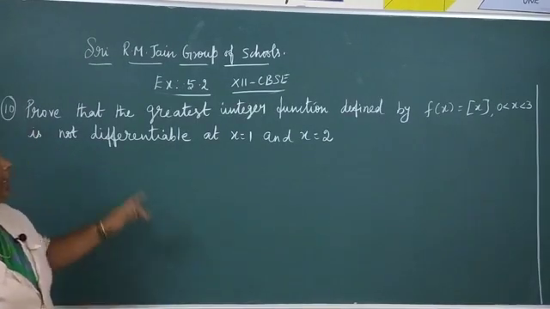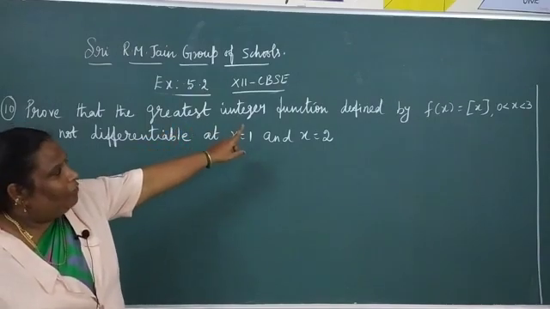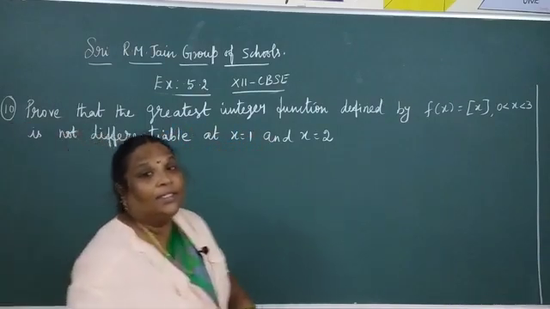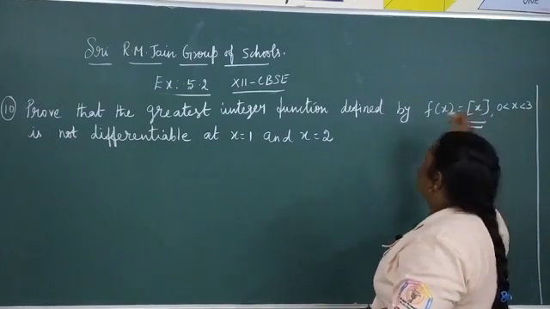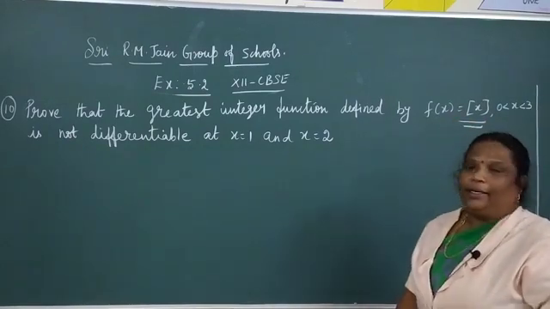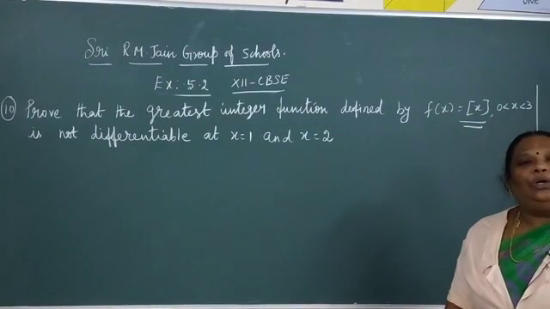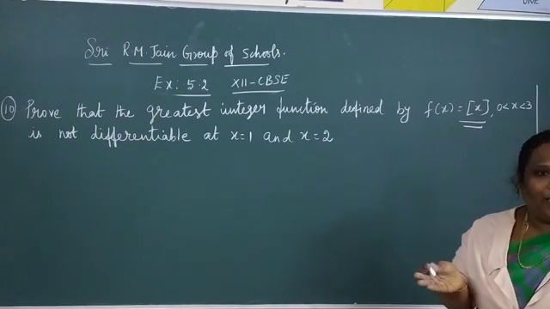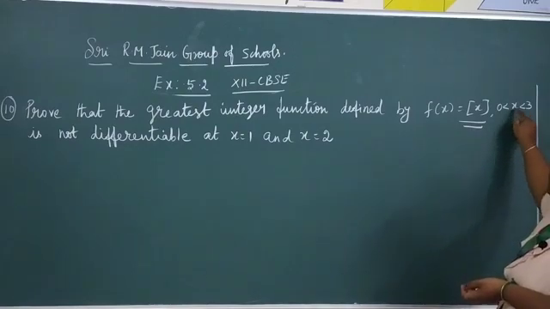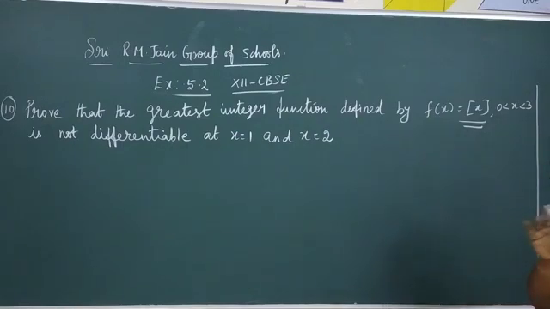See the 10th sum. Prove that the greatest integer function defined by f of x, this is the symbol for greatest integer, which lies in the interval 0 to 3. Is 0 to 3 an open interval? Yes, it is an open interval. See, the equal to sign is not there. If the equal to sign is there, it is a closed interval.